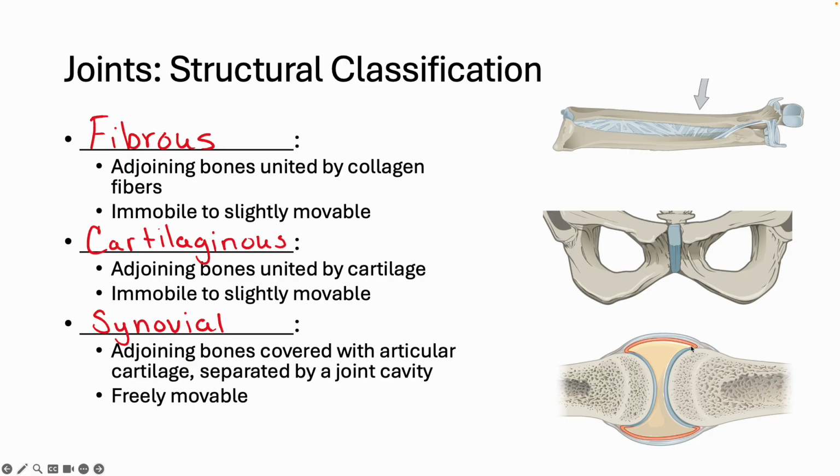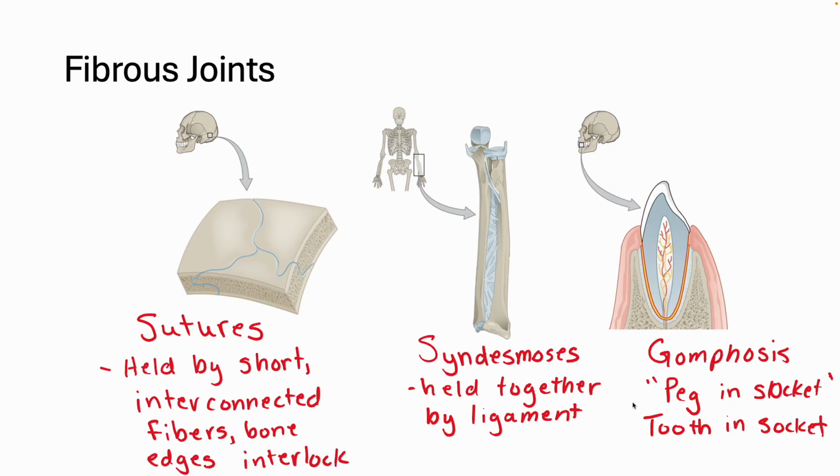So we'll focus most of our lesson on the synovial joints since they are the freely movable. Notice that because these are freely movable, the synovial joints will be all classified as diarthroses as well. All right, so let's look at these three different types of joints in detail.